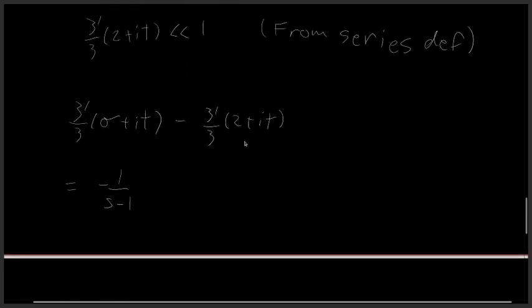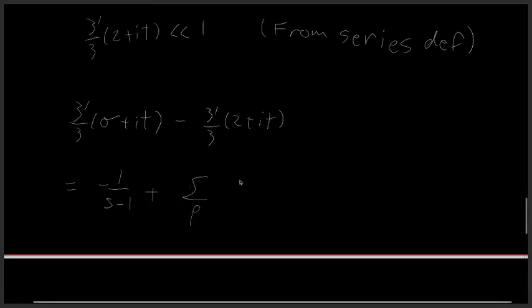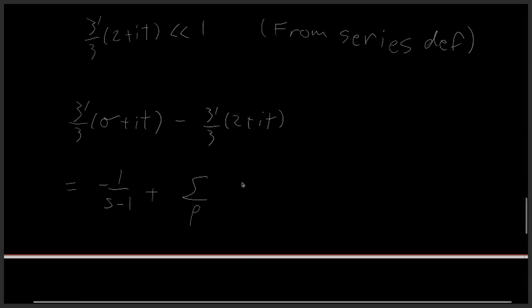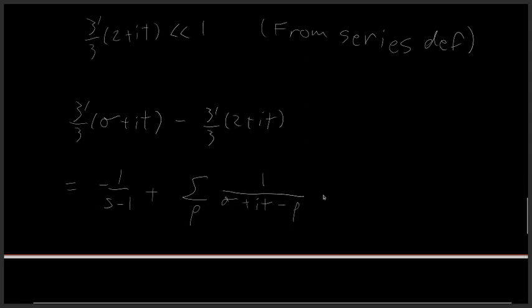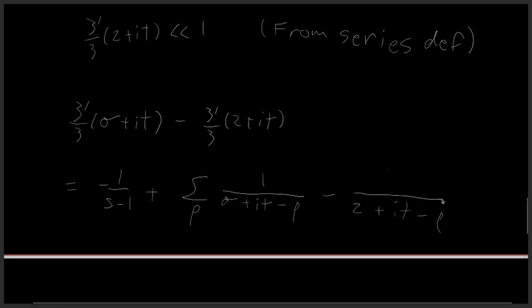And what you end up getting is plus the sum, again, there might be a 1/2 here, I'm not totally sure, of 1 over s minus rho, or maybe I should write it as sigma plus it minus rho minus 2 plus it minus rho in the denominator.